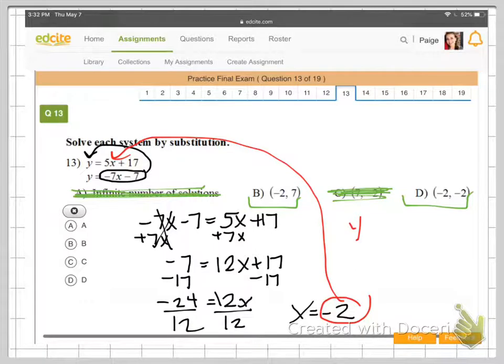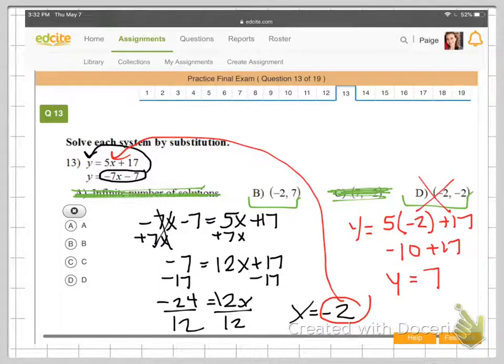So I've got y equals 5 times negative 2 plus 17. So 5 times negative 2 gets me negative 10 plus 17, which gets us negative 7. Or not negative 7, excuse me. 7, positive 7. So that cancels out D, making our answer B.